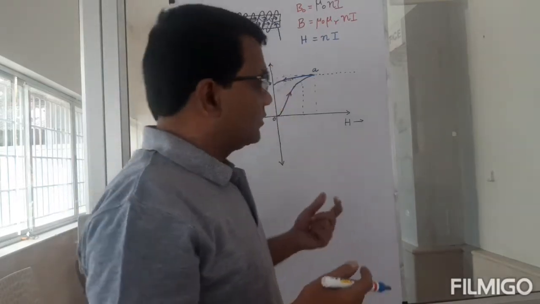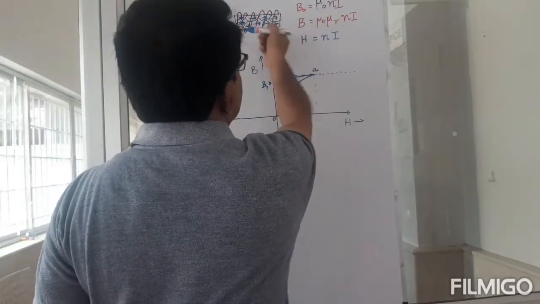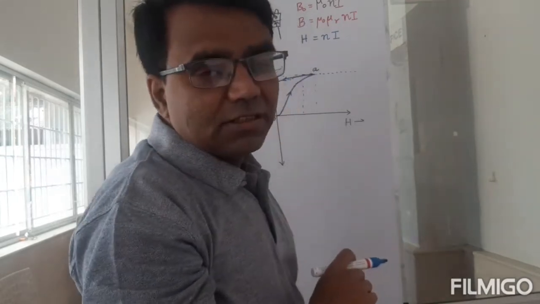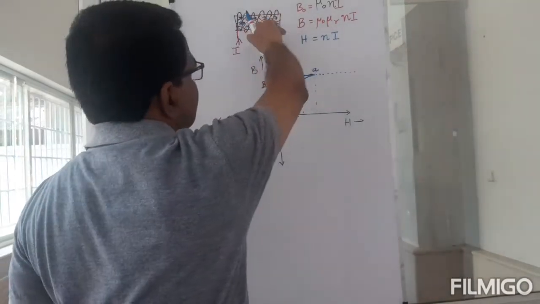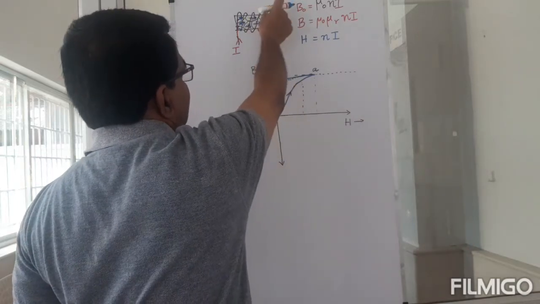Now what you need to do is pass the current in the opposite direction. Now you are going to set the field in the opposite direction. Now some of them will try to orient in the opposite direction. So reverse the current direction. If you reverse the current direction, then some of them will reorient in this way.